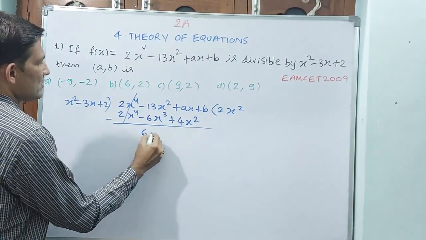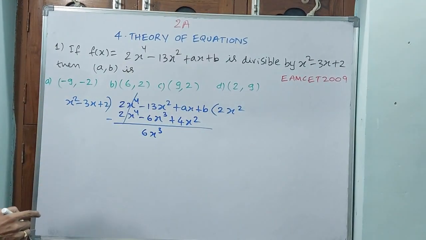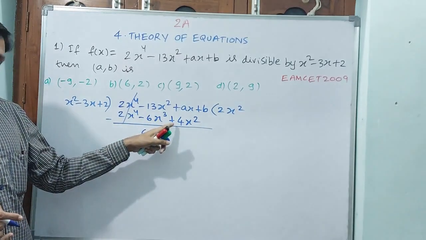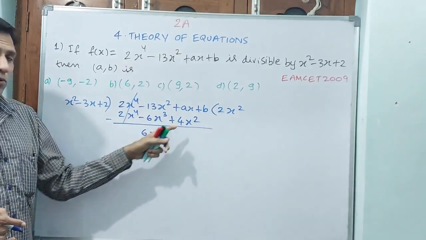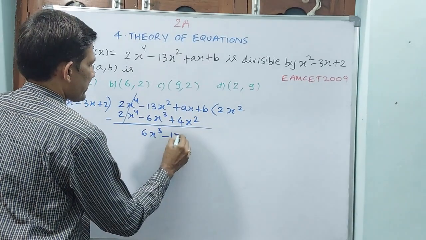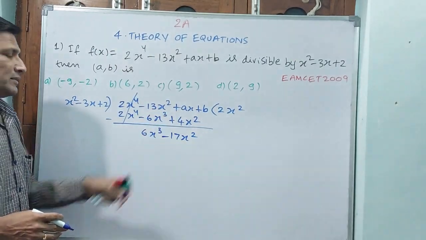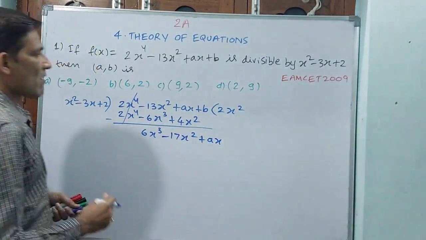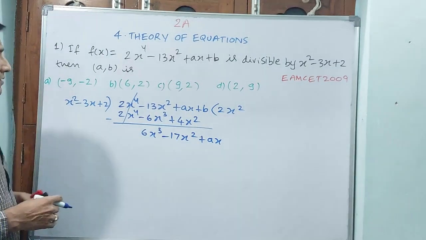First you write 6x cube. Then minus 13x square minus of minus, not minus of minus. Minus 13 minus 4, minus 17x square. Okay. Now you bring plus ax.